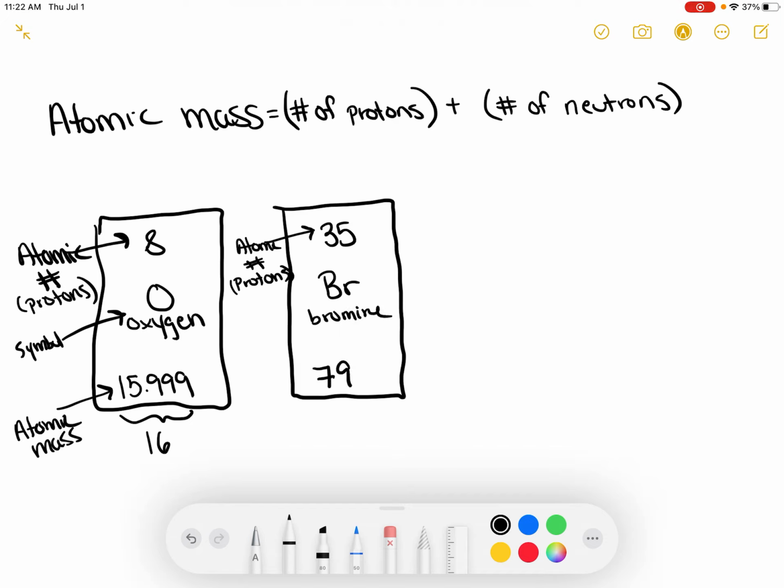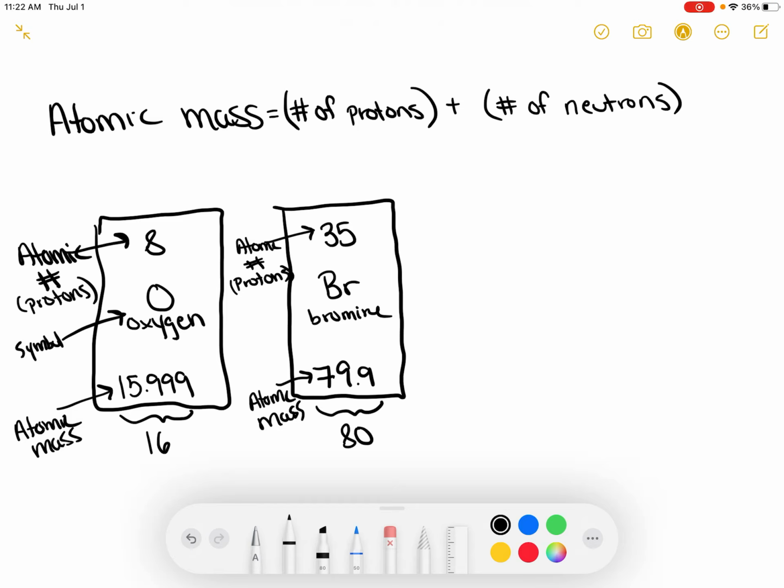And its atomic mass is 79.9, which we know we can just round to 80. So that's the atomic mass. For every single periodic table that you see, they will always be organized like that, with the atomic number at the top, the symbol in the middle, and the atomic mass at the bottom. Just be sure you understand how that format works.